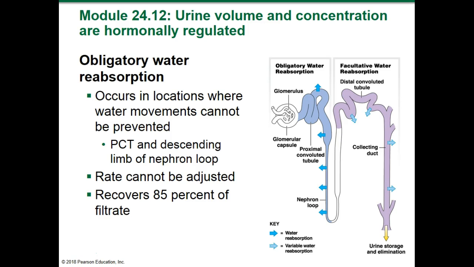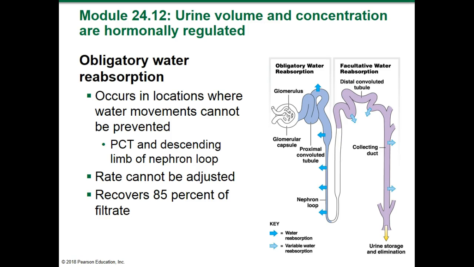Okay, now overall, the volume and concentrations of the urine are hormonally controlled. We have something called obligatory water reabsorption that occurs in locations where the water movement cannot be prevented. So the proximal convoluted tubule and the descending limb of the nephron, which are shown here highlighted.